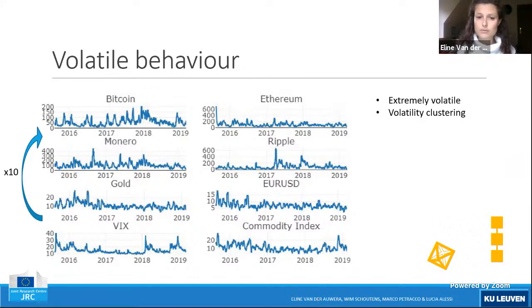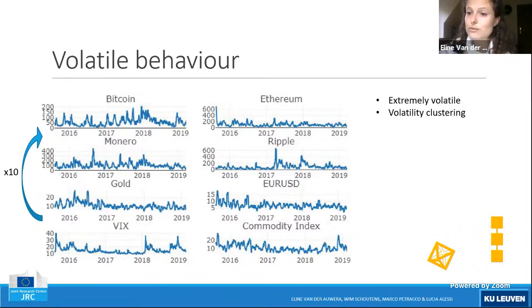And as I mentioned before, cryptocurrencies also exhibit volatility clustering. But if we want to accurately fit a model to the log returns of cryptocurrencies, we have to map all of the characteristics. So what have we seen so far? We know that cryptocurrencies have fat tails, that they are extremely volatile, and that they have volatility clustering.